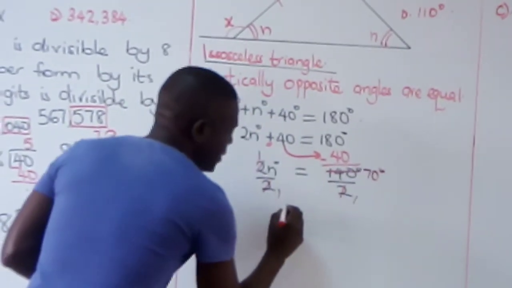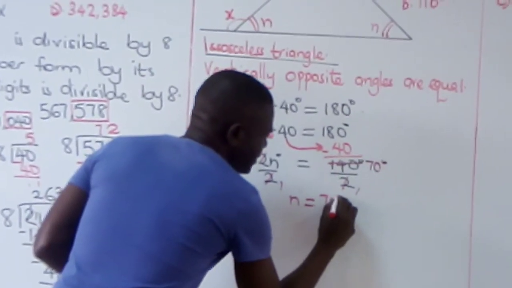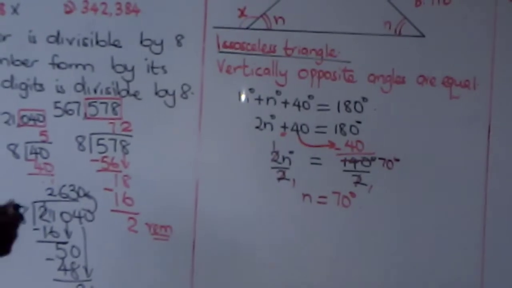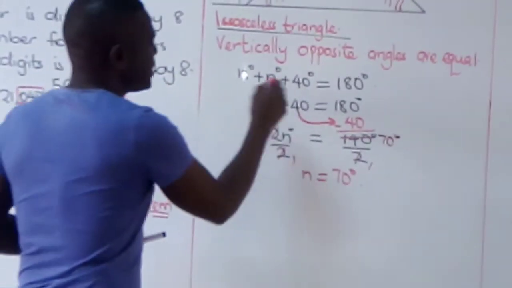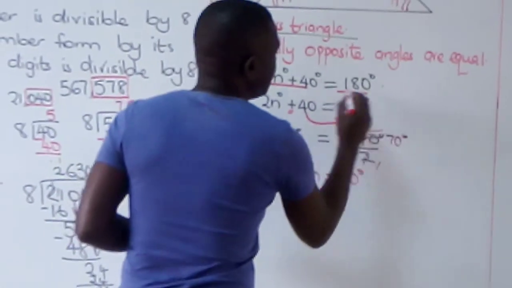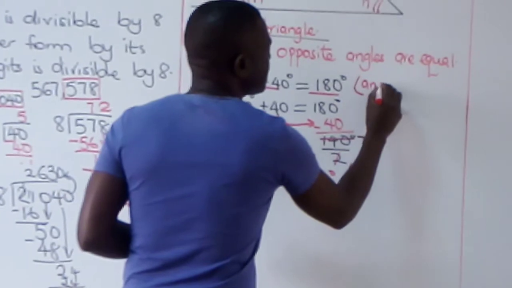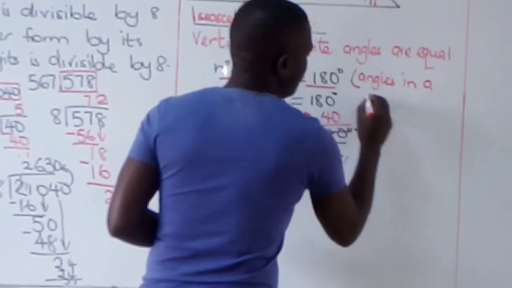And so the size of angle n is 70 degrees. Angle n is 70 degrees. Are we together? Remember that this statement here is qualified by angles in a triangle.